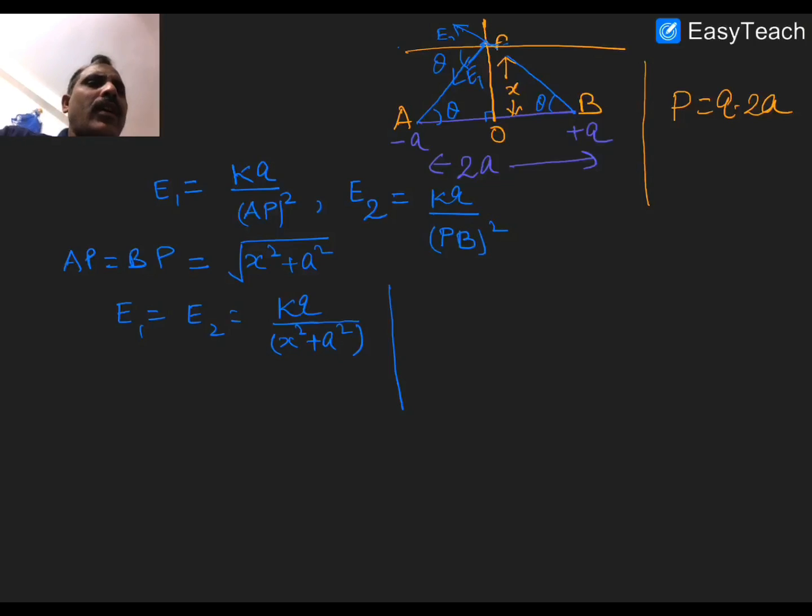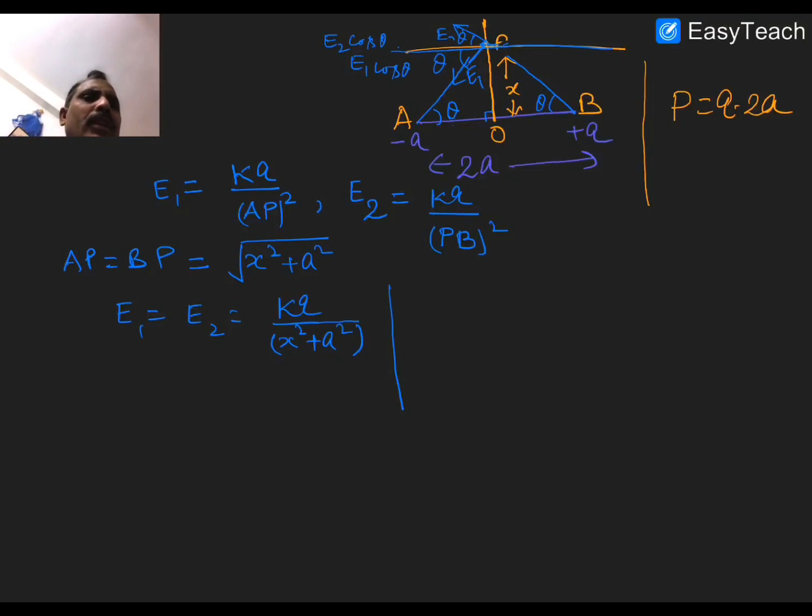AB and this line are parallel lines, so this angle is also theta. E1 makes the angle theta with the horizontal line, so the component of electric field along this line is E1 cos theta, and similarly the component of E2 is E2 cos theta.